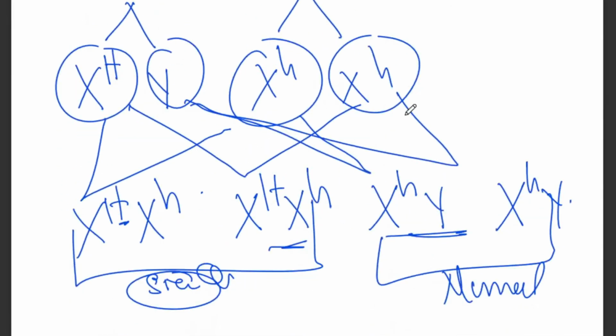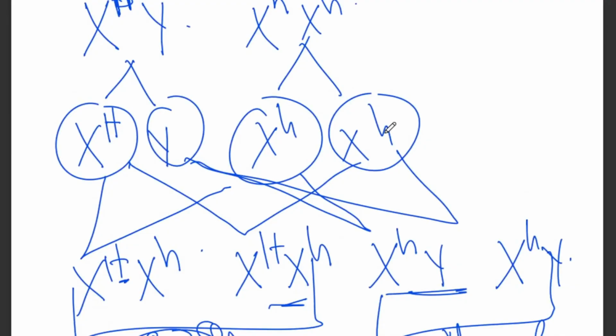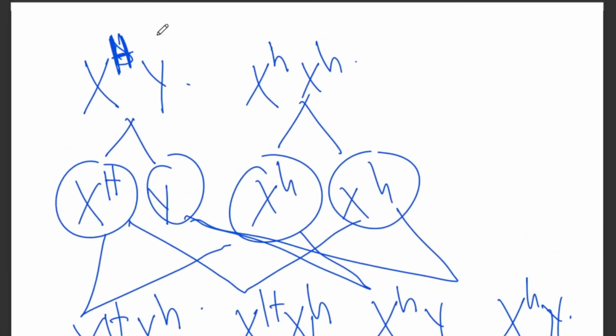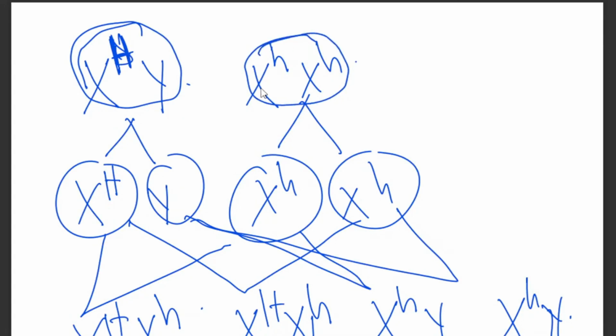Now how are you going to put this in wording? When we come back here, we see that the boys are normal and the females, all of them, are sick. So what does it mean? It means that the male has a dominant allele and the females have 2 recessive alleles. The male will only transfer the Y chromosome to the males.